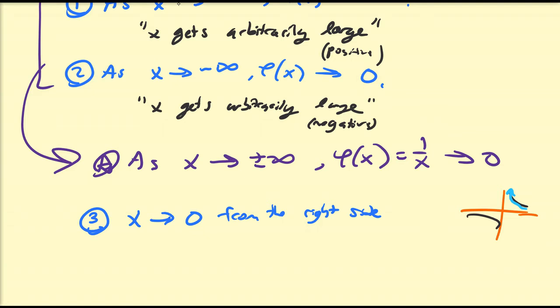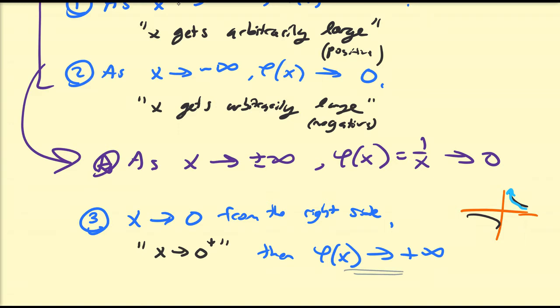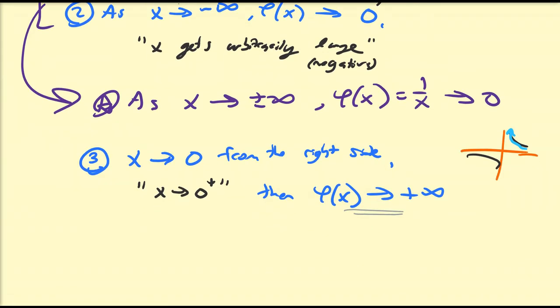So as x gets close to 0 from the right-hand side, and you may see some people write this as x tends to 0 with a plus sign in the exponent, then the value of phi of x is going to get close to positive infinity.